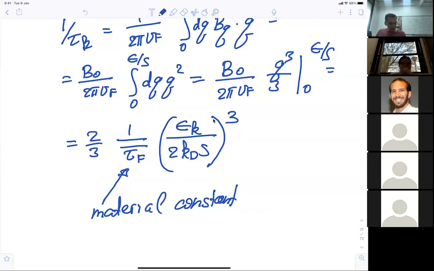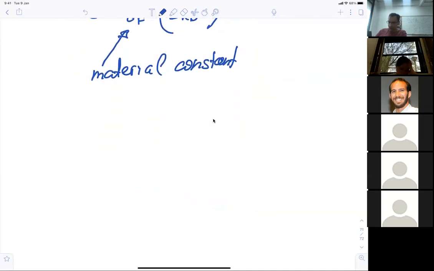So let us try to summarize this story. What happens when temperature is much smaller than omega Debye and temperature is much smaller than epsilon Fermi?